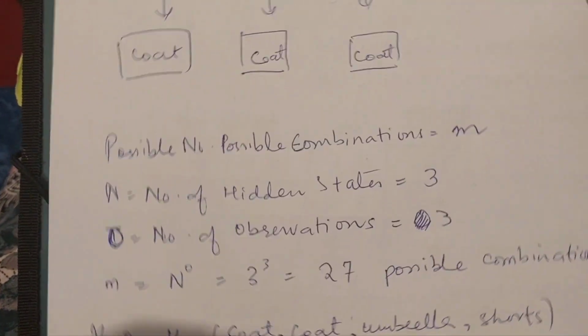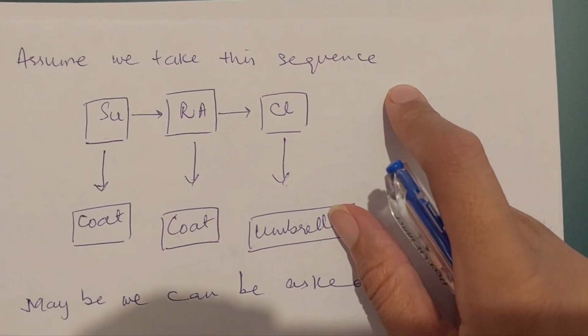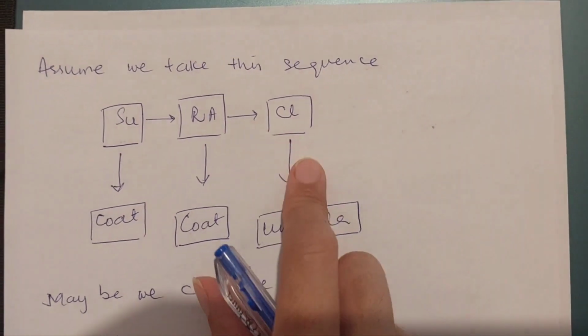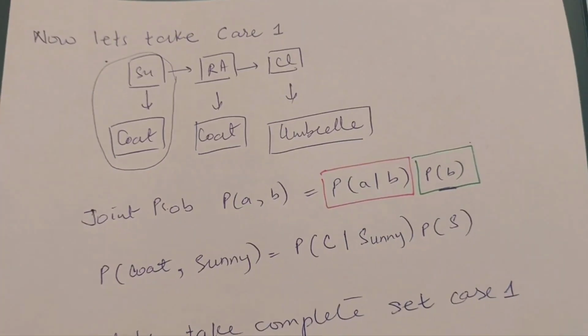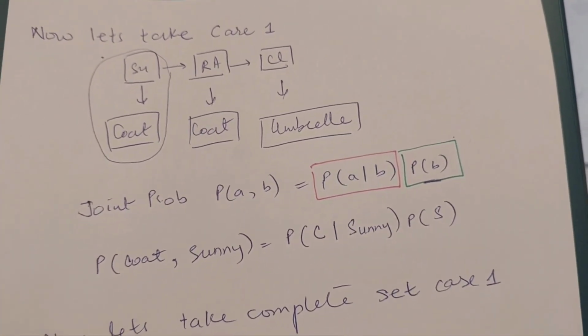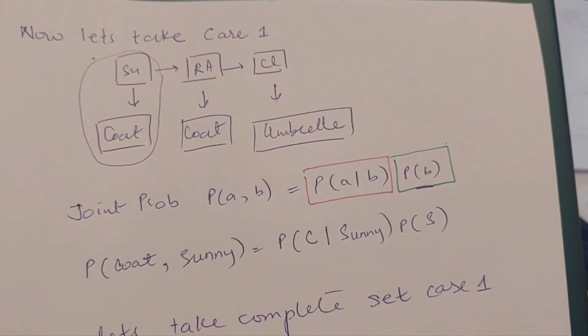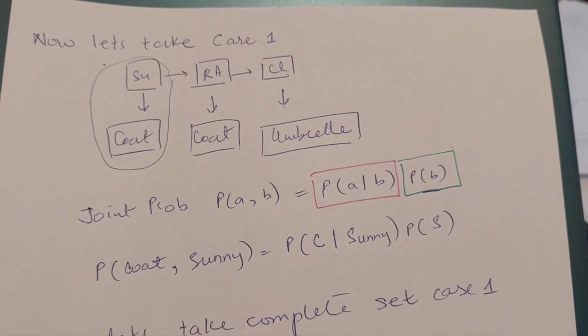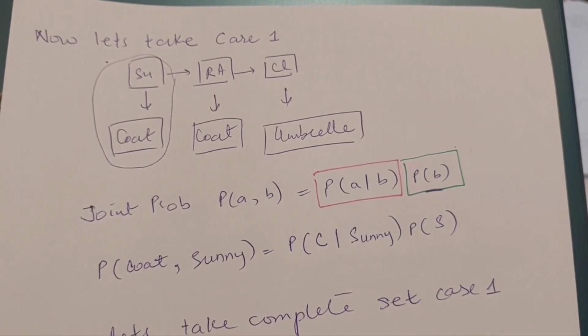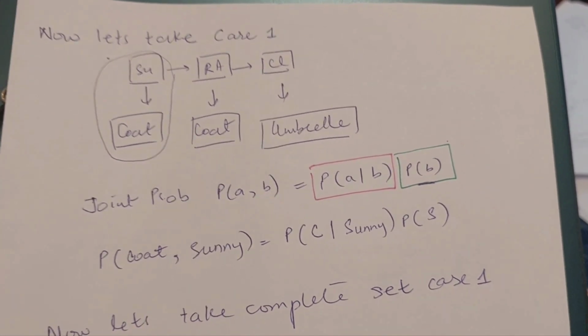Now let's assume that we are going to work on a single sequence, and in the exam we are asked to solve a single sequence. Maybe we have been asked to find the probability that in the city where that person was living, the weather was sunny, and then the other day it was rainy, and then it was cloudy, and he was carrying a coat, and then an umbrella.